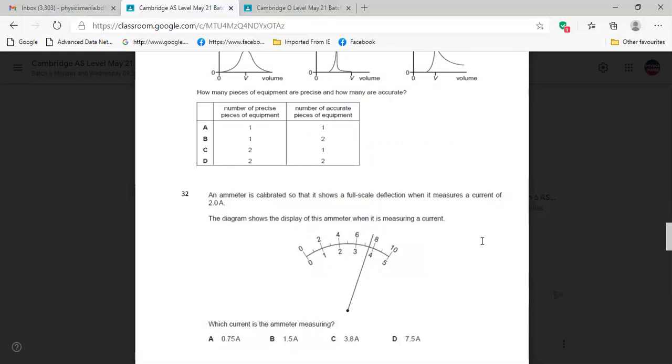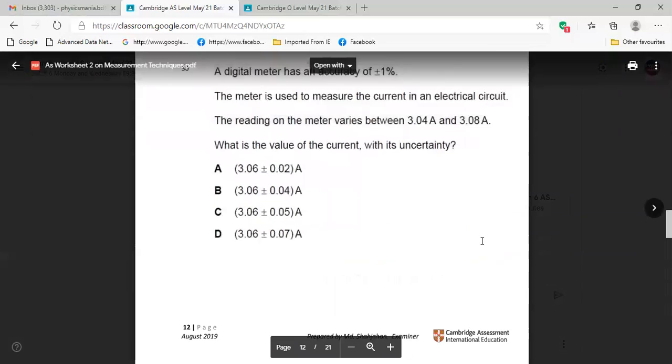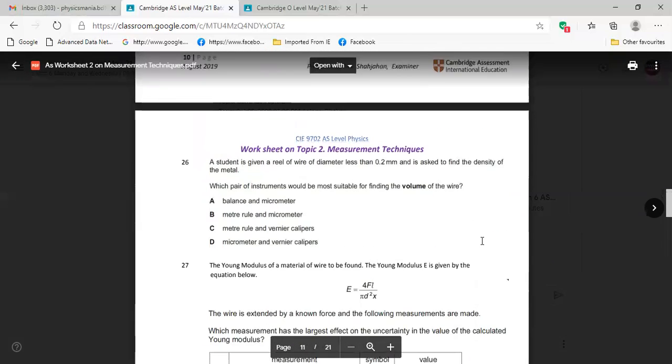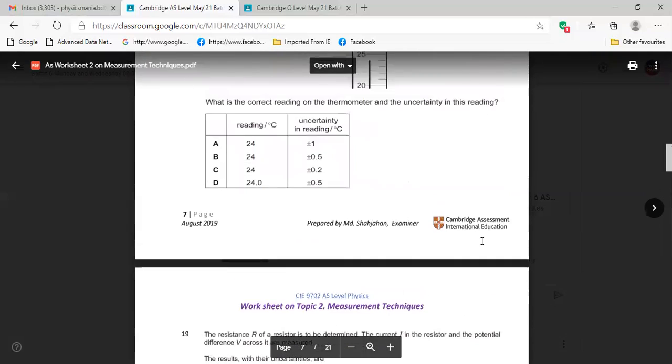Is it clear? Sufyan, you got it now? Yes, sir, I wrote it down. Okay, SQ structured question. Now we will do some MCQ questions again.